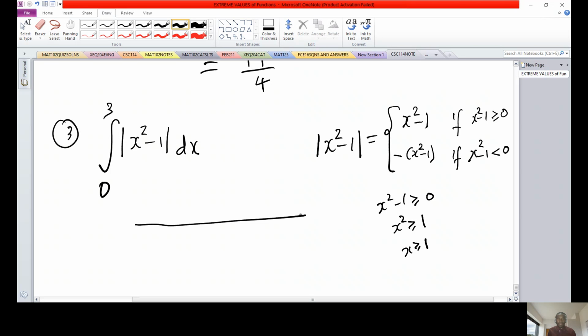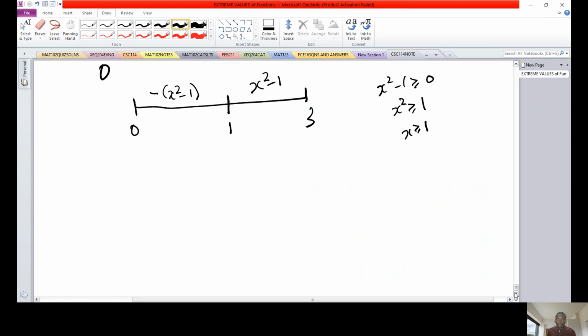So therefore, in this interval from 0 to 3, we have a point here, 1, that will help us to know whether in this interval 0 to 1 or 1 to 3, which function must be satisfied. So x greater than or equal to 1, this will be the point here. So therefore, on this interval it will be x squared minus 1, and on this one it will be -(x squared minus 1).